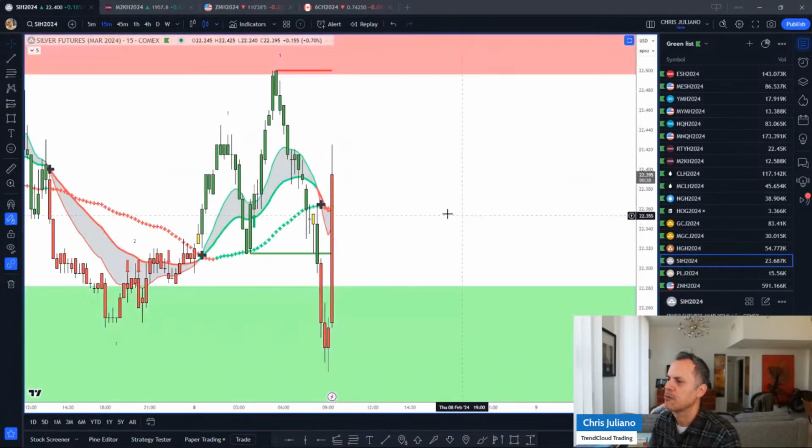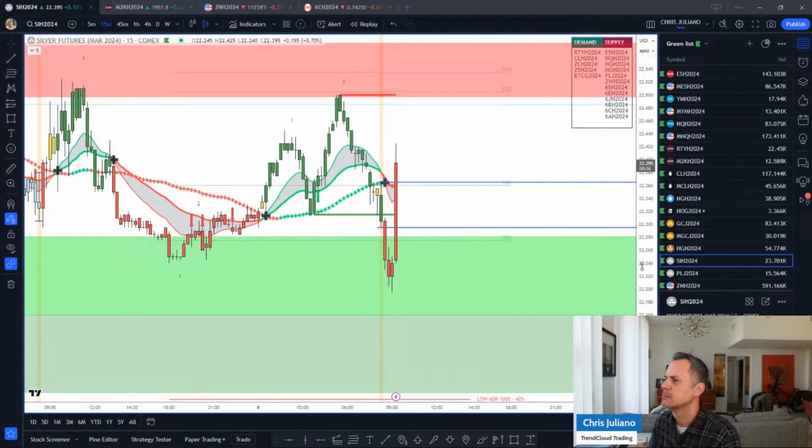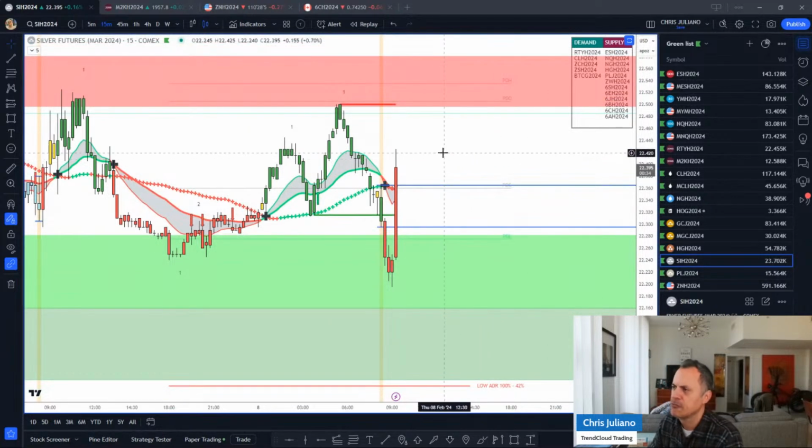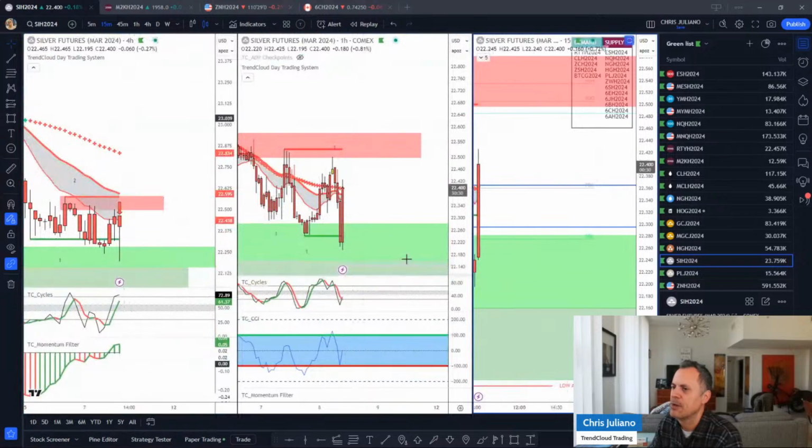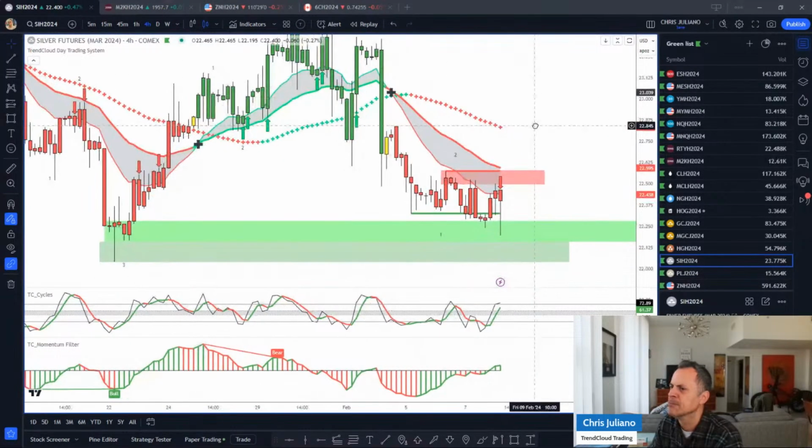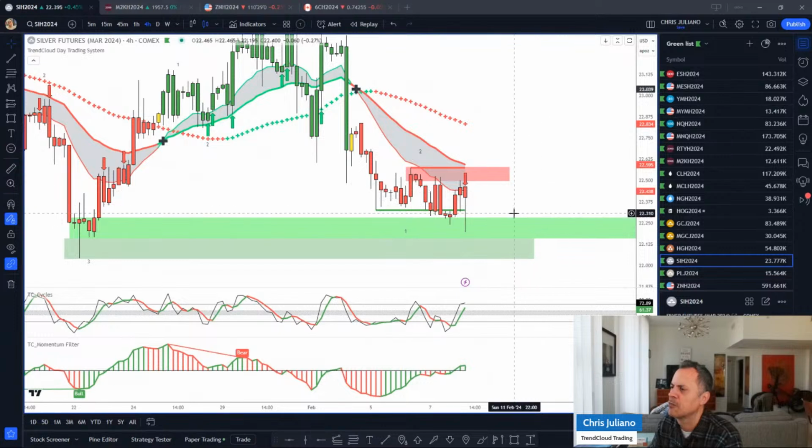How about silver? Interesting. Okay. Let's go out to that 4-hour chart. So on the 4-hour chart, we're kind of going sideways, right? And look what's happening here. Sideways movement.